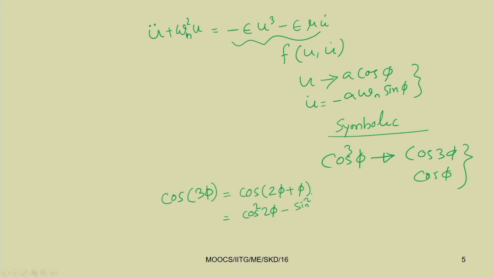So, cos 2 phi equals cos square phi minus sin square phi, into cos phi, minus sin 2 phi, which is 2 sin phi cos phi, into sin phi.